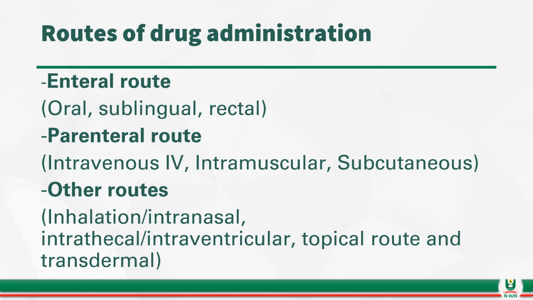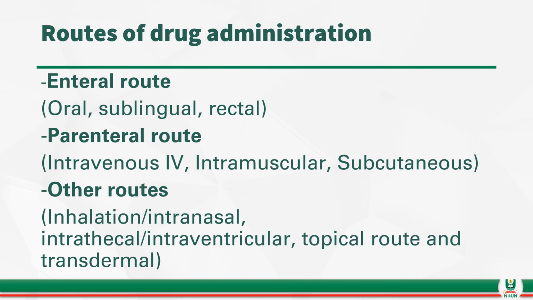Then the parenteral route is like giving medications intravenously through the veins, intramuscularly through the muscles, like intramuscular injections, and then subcutaneous injections, like you give some insulin subcutaneously. Then the other routes that exist aside from the enteral and parenteral routes include inhalation.